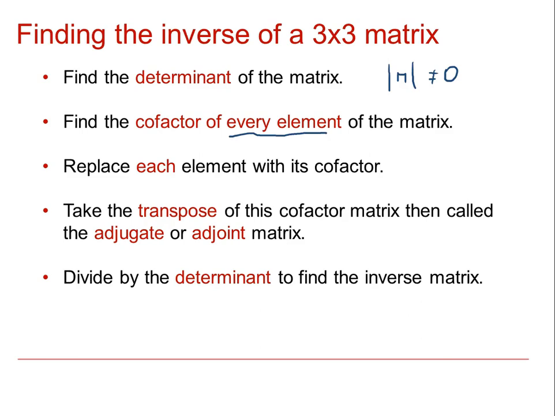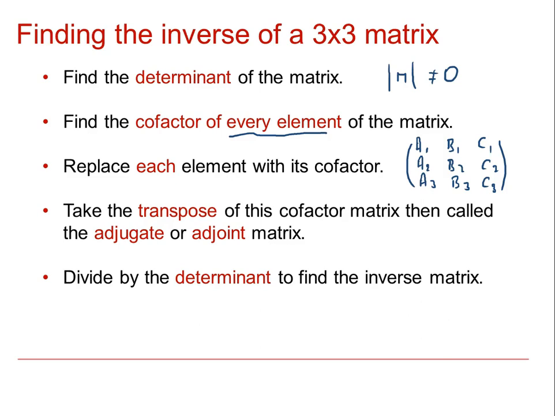In other words, we're replacing each element with its cofactor. So that will produce a matrix which is A1, A2, A3, B1, B2, B3, and C1, C2, C3, where those, remember, are the cofactors.